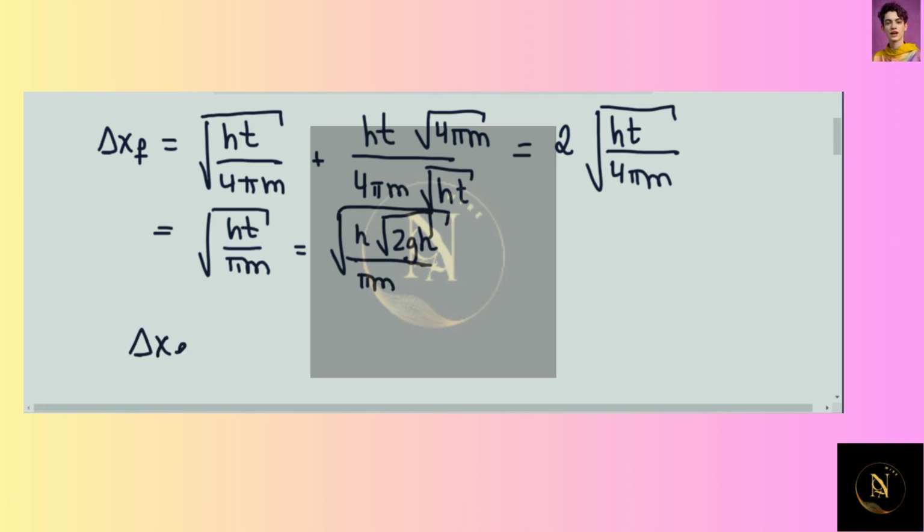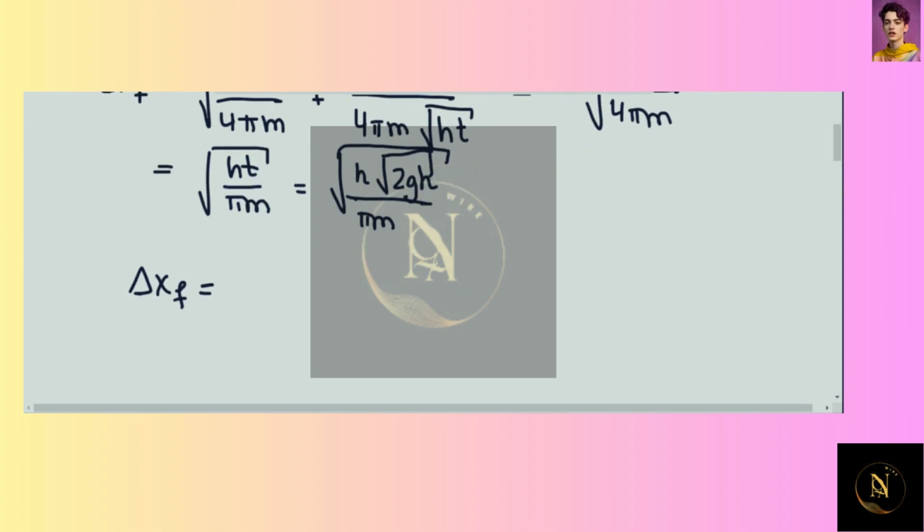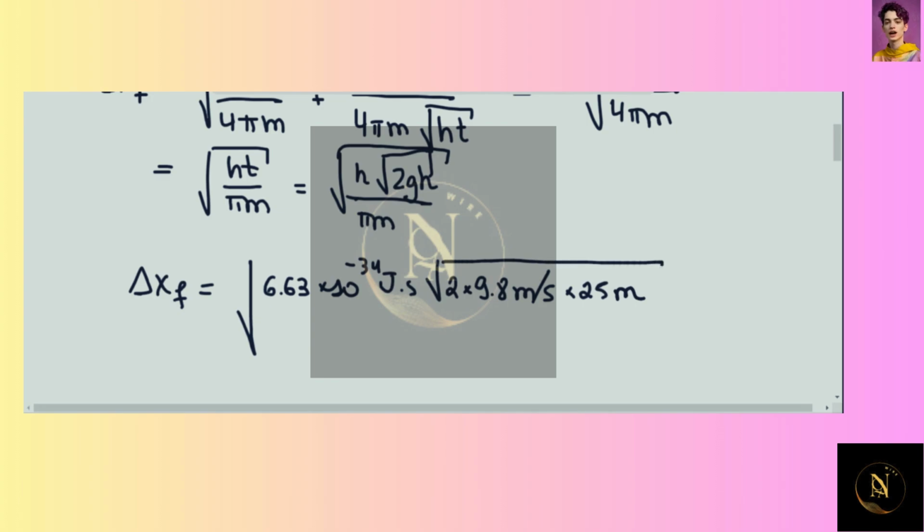So delta xf, that is the minimum uncertainty in the final position of the marble, is equal to the square root of 6.63 times 10 to the minus 34 joule seconds times the square root of 2 times 25 meters divided by 9.8 meters per second squared, divided by pi times the mass of the marble, which is 20 grams or 0.02 kilograms.